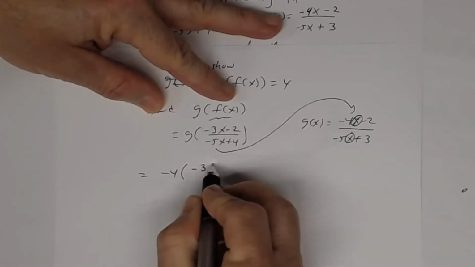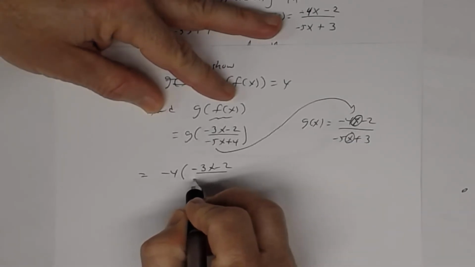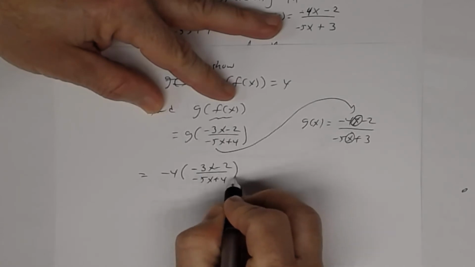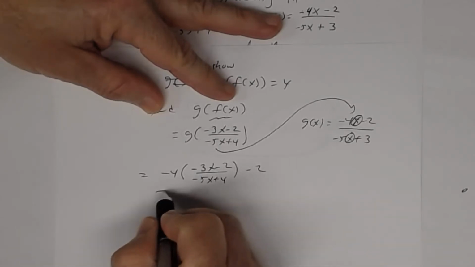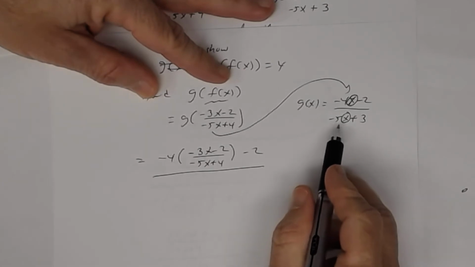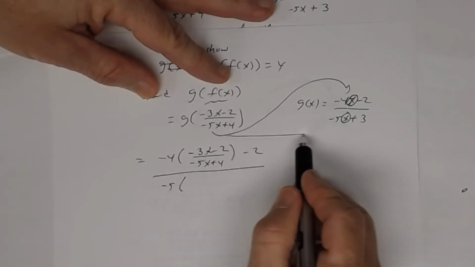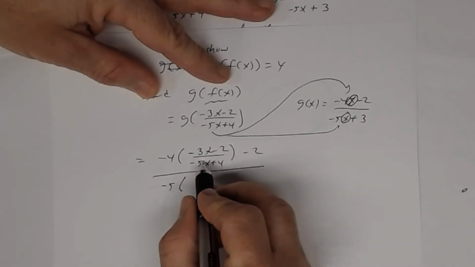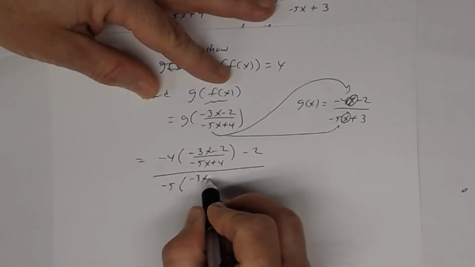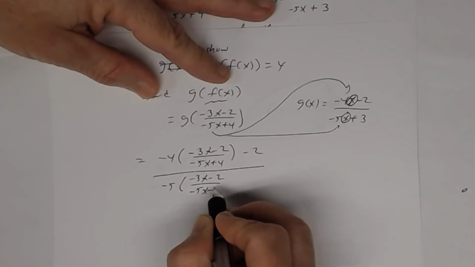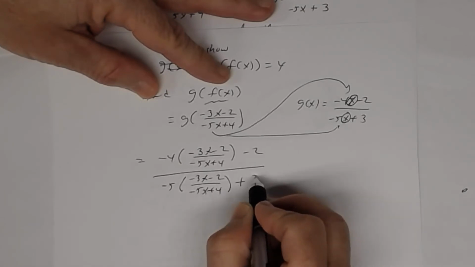So negative 3x minus 2 divided by negative 5x plus 4. And then subtract 2. All that's being divided by, and the same thing here, negative 5 times, I'm substituting this into here, same thing as this one. Negative 3x minus 2 divided by negative 5x plus 4. And then plus 3 right here.